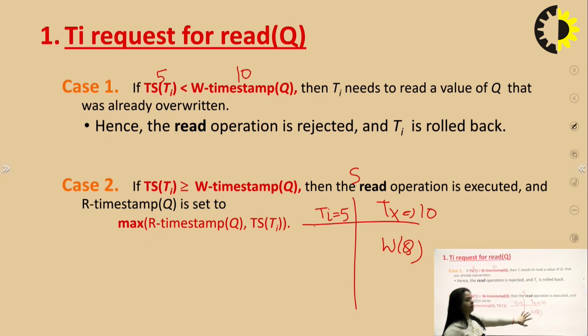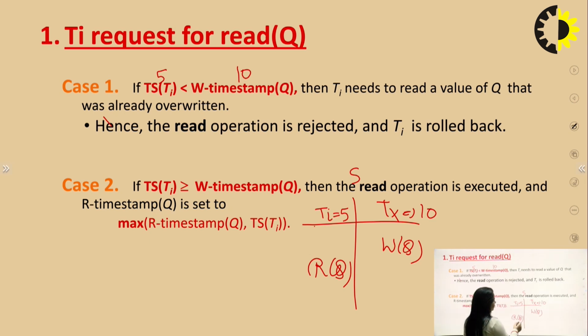This is the example. Now, what does transaction TI want? Transaction TI requests read Q. This is basically the scenario of case 1.